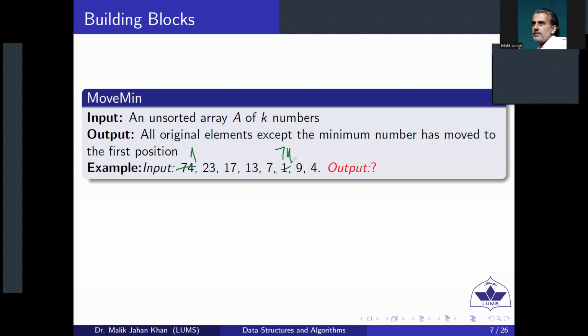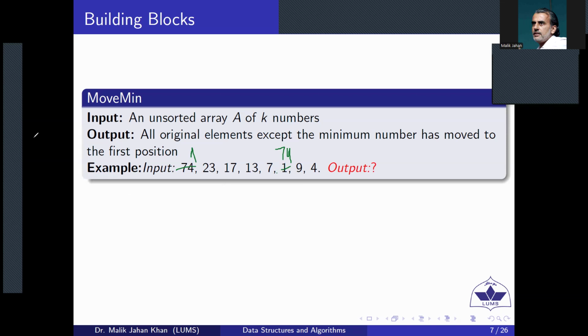Now, if you just imagine a sorted sequence or sorted array, in a sorted sequence, the smallest element is always the first element. So if we try to consider move min as a building block of a sorting algorithm, then that means that if we call it once, it will at least be placing one element at its right place where it should have been if the array were sorted. Because the smallest element is the element which has to go to the first index. So that's what is happening over here.